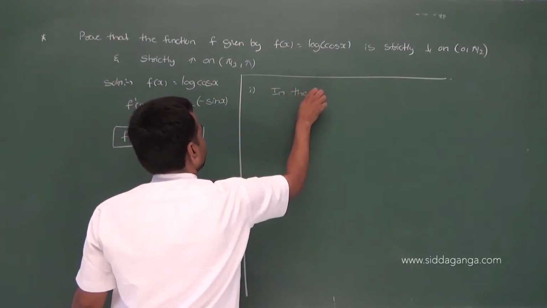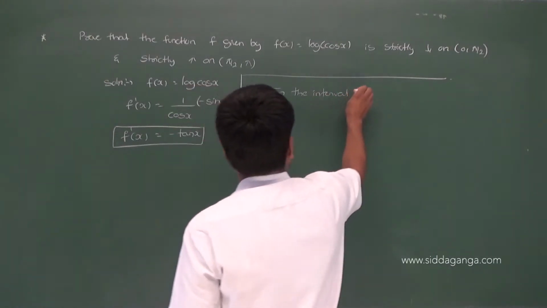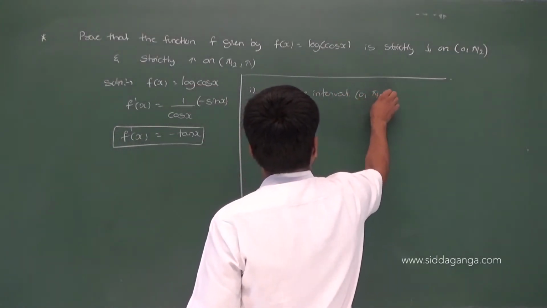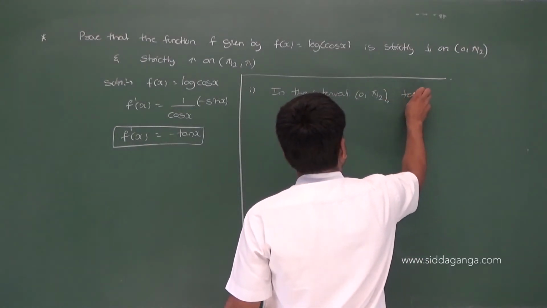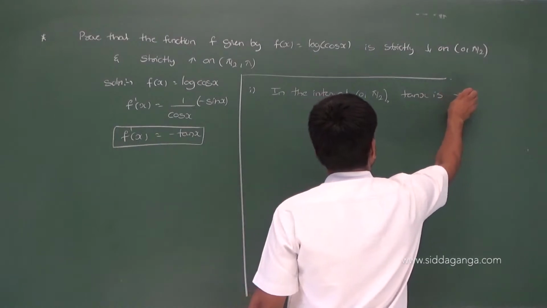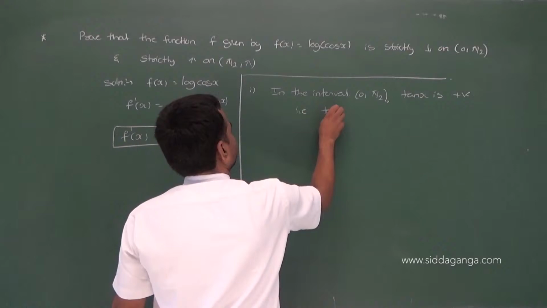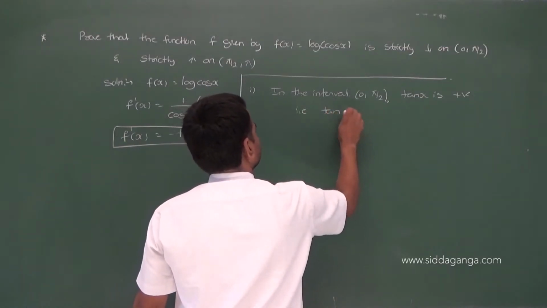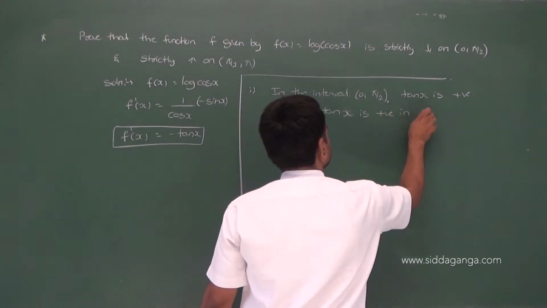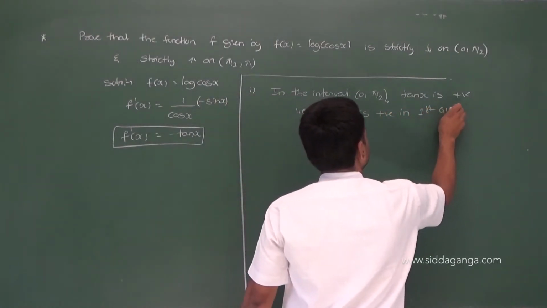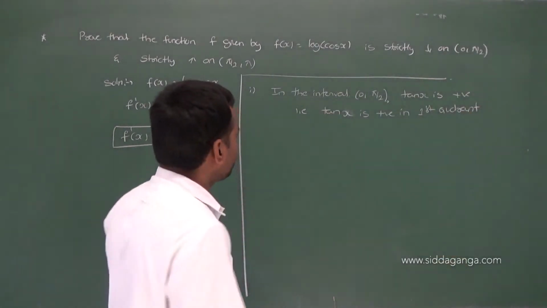In the interval 0 to pi by 2, tan x is positive. That is, tan x is positive in the first quadrant.